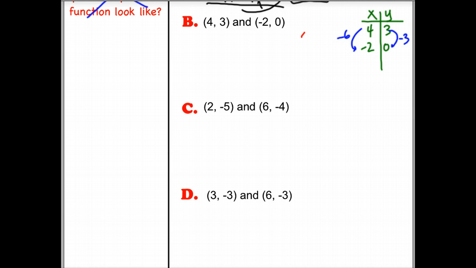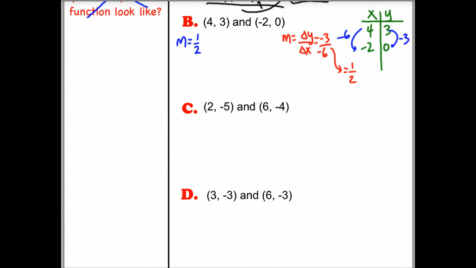So our change in y over our change in x, that's going to be equal to our m. And our change in y is -3, and our change in x is -6. So we can simplify that to 1 over 2. So we know that m equals 1 over 2.